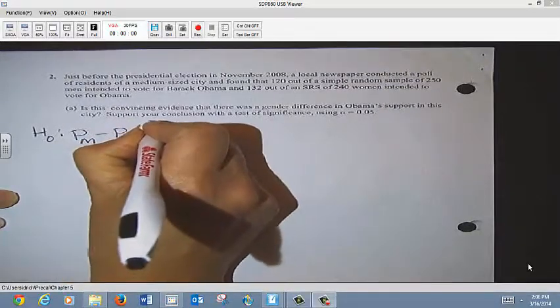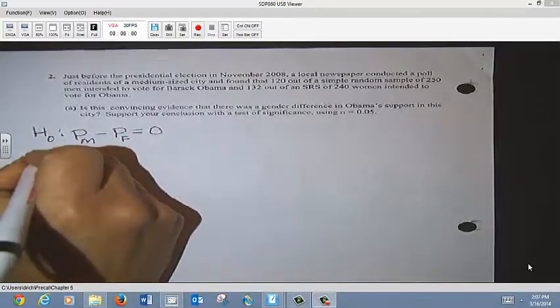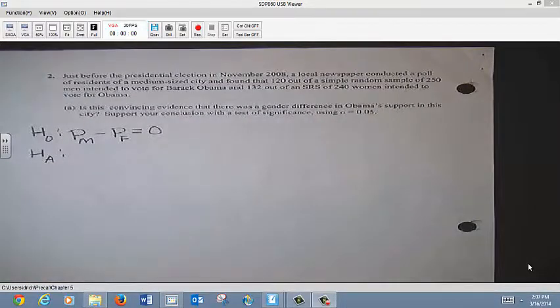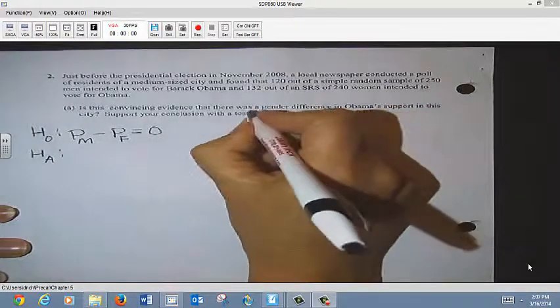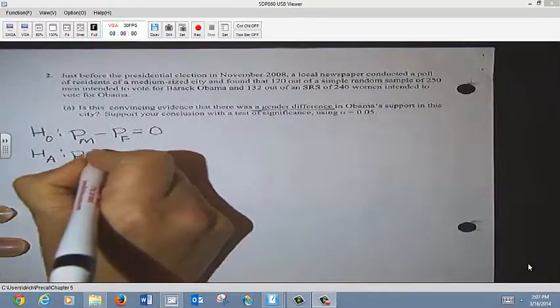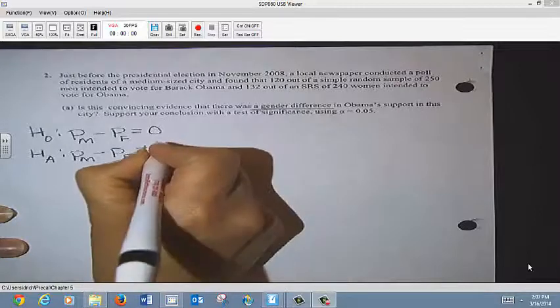That's our assumption. The alternative is we could think maybe that females are going to vote more for Obama, or we might think that males might vote more for Obama. But here it just said, is there a gender difference? So what we're trying to prove is if there is a difference.